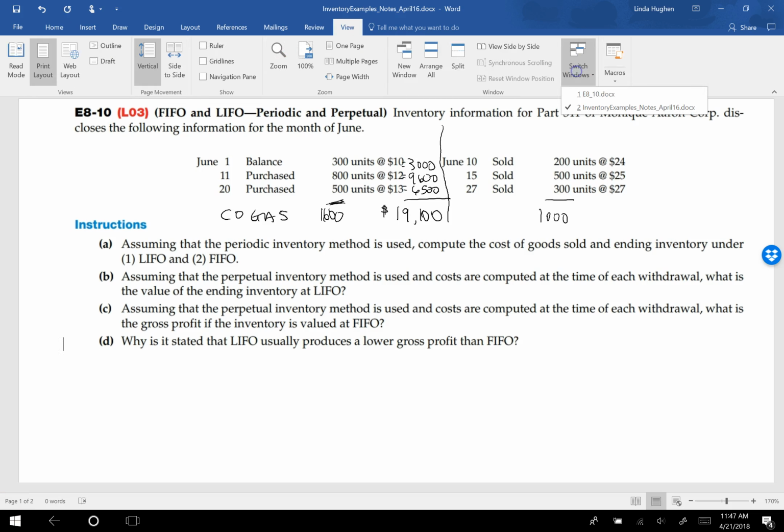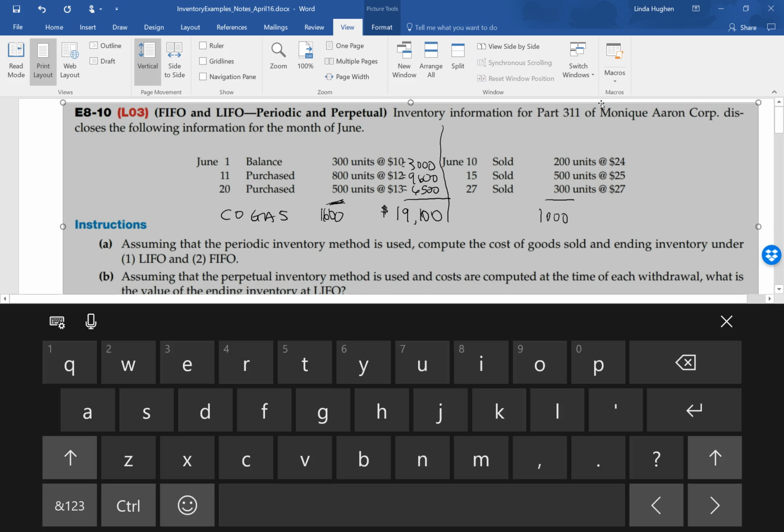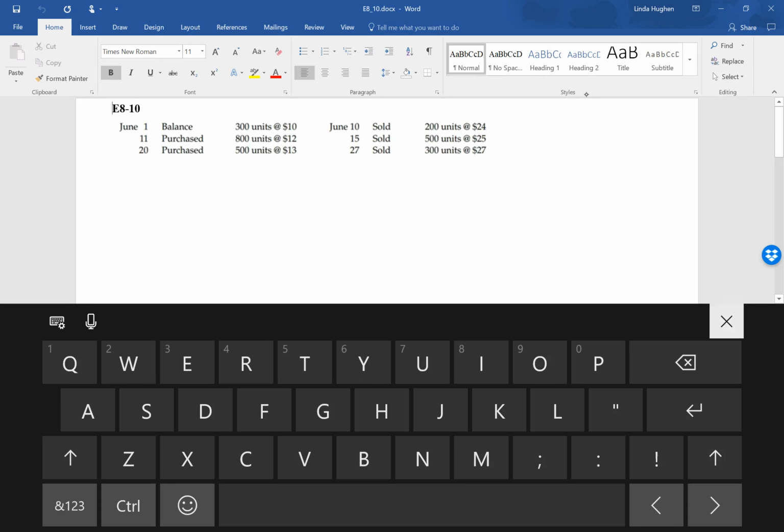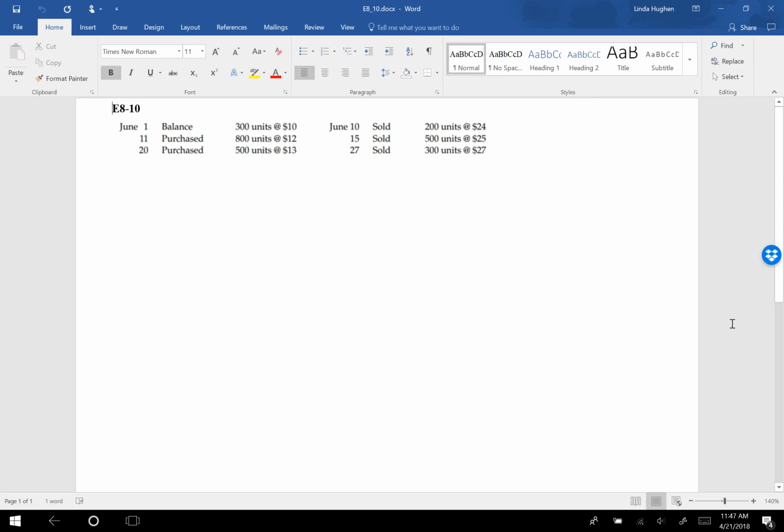I'm going to switch windows here to where it's a little bit easier to work. So here's the information that we need. First thing we are going to do in part A is look for, we're using the periodic method.